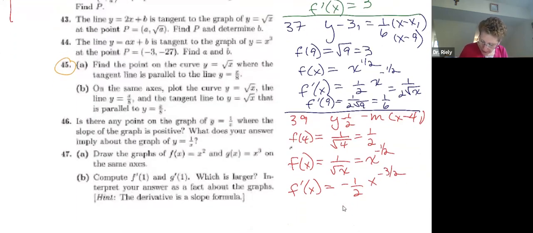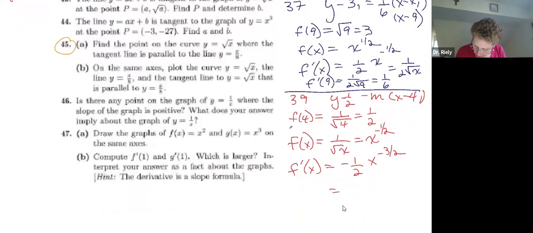Okay, so let's work that out. I'm going to write this so I can use it. Negative 1 over 2. Then I'm going to take the square root of x, and once I have the square root, I'm going to cube it.